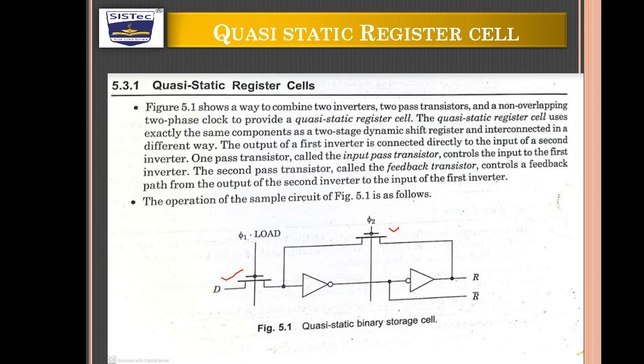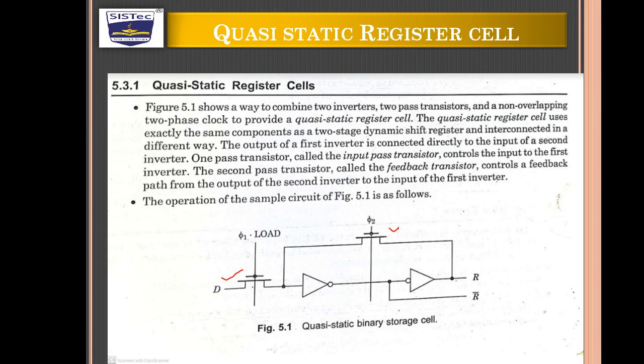So it is clear here: when a binary value is to be stored in the register cell, whatever it is, 0 or 1, the input pass transistor is turned on. That is because the pass transistor just passes whatever value is given at the input, and it is reflected at the output. And the feedback transistor is turned off.